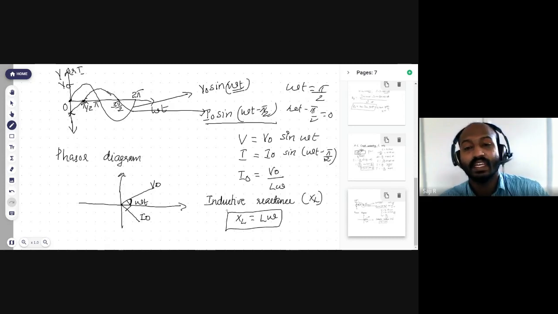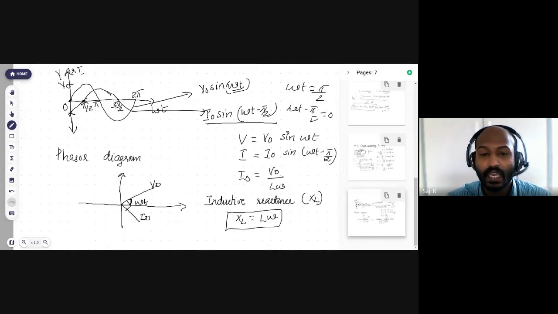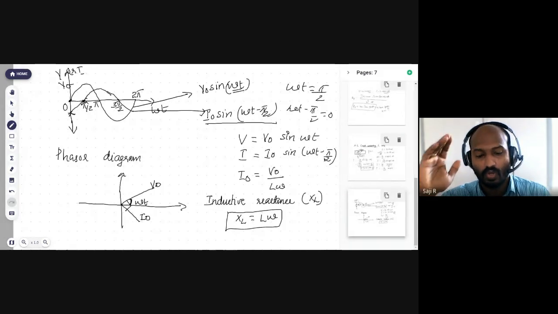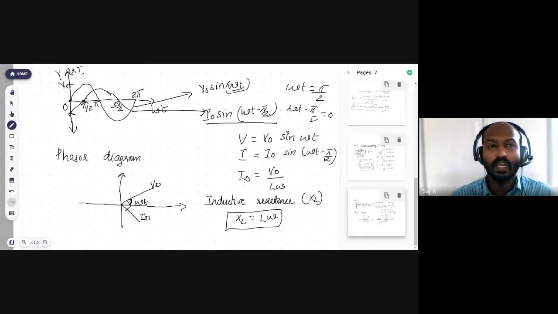And that should be taken care of. Why are we not saying it is resistance? Because the inductor is made up of conducting material. The material used for making a coil is a good conductor. So it will have some resistance, but its resistance is considered to be negligible.